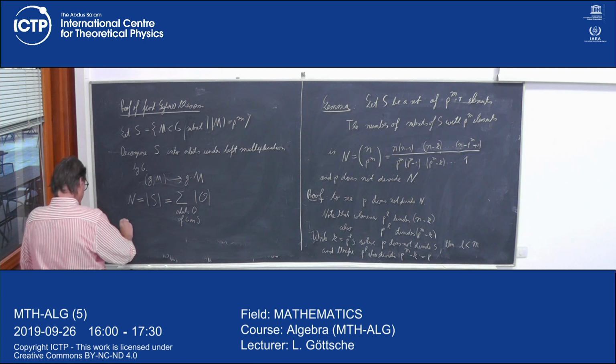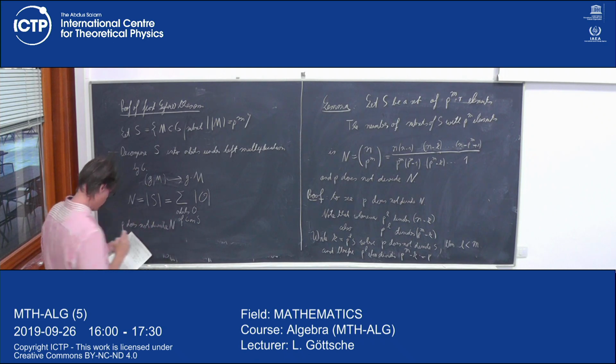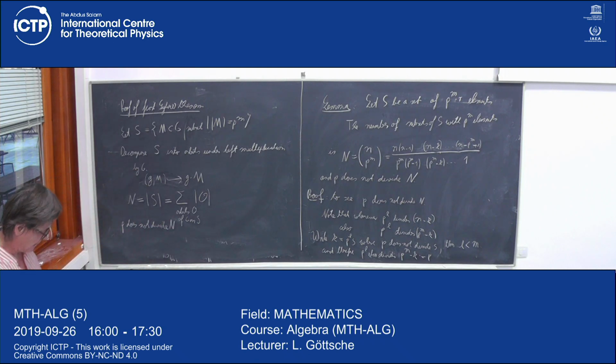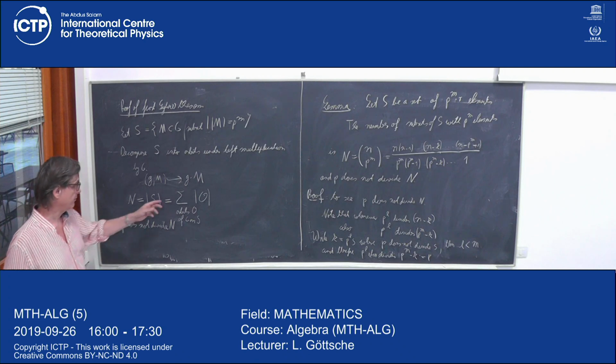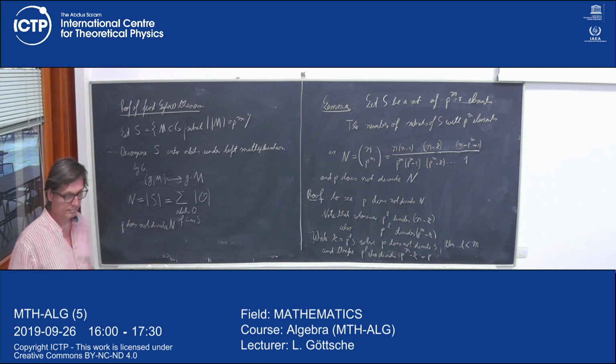So we know that p does not divide this number N. So we know that there must be an orbit for which the number of elements in the orbit is not divisible by p.